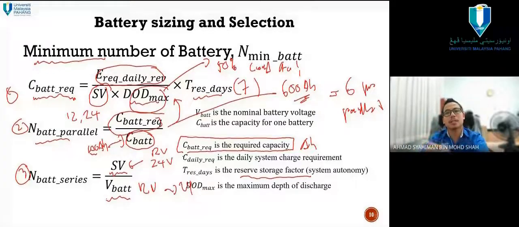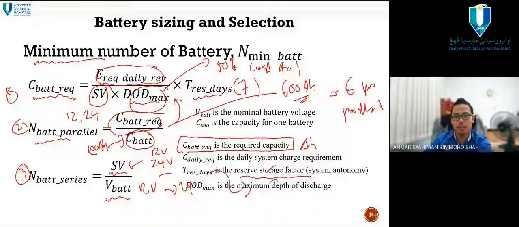In most cases in the market, on the internet, on websites, in car shops or any shop, usually the acid batteries we have are 12 volt base. So if we have 24 volt, then 24 over 12, what do we get? We get 2. So it should be 2 in series.